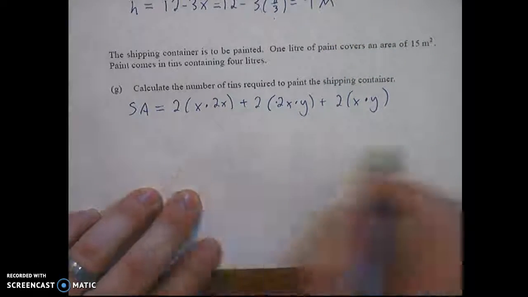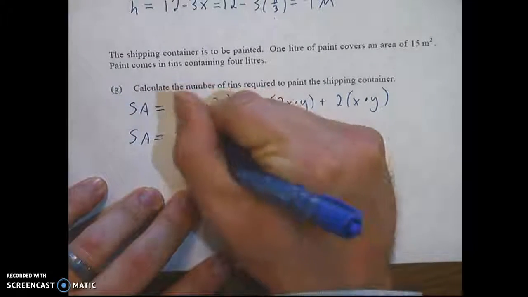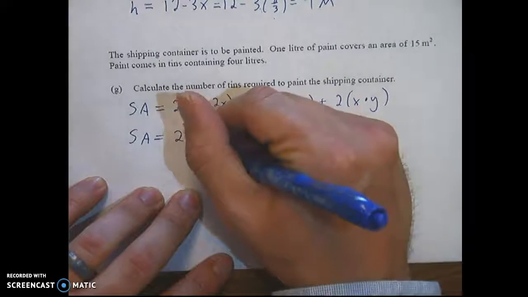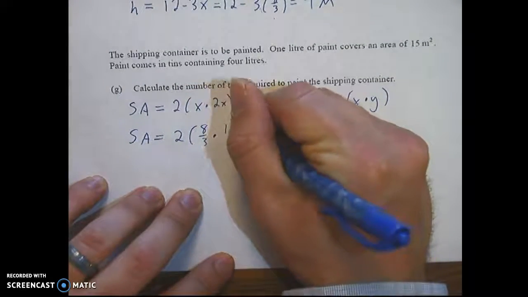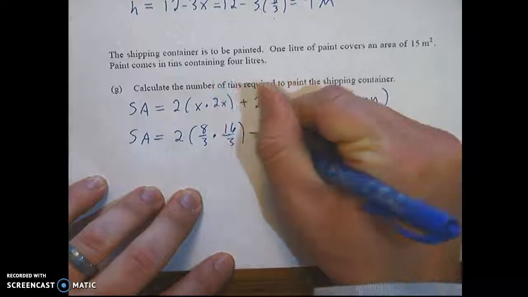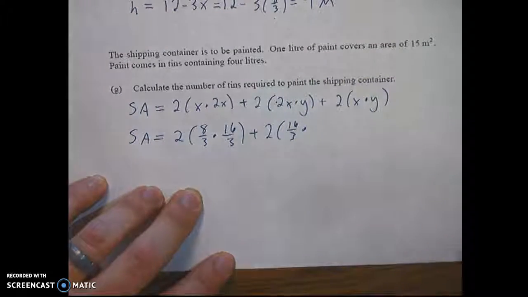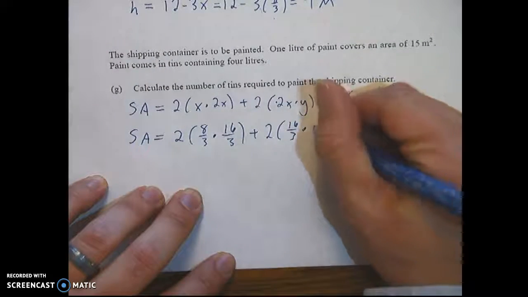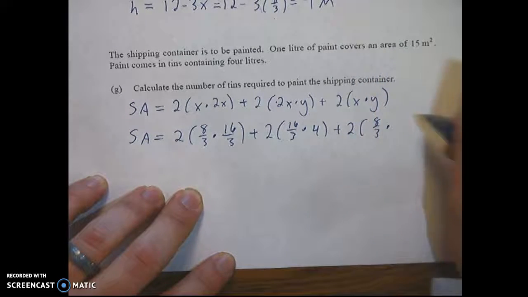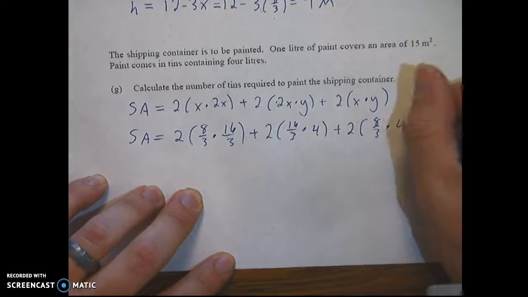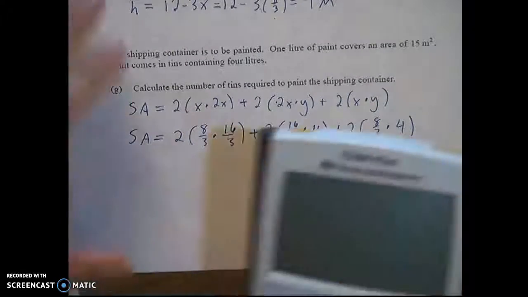I'm going to use this to find the total surface area now. So I know that the x was 8 over 3 times 16 over 3, plus 2 times 16 over 3 times my y, which is the height, which we showed as 4, plus 2 times 8 over 3 times the height, which is 4. And that's a bunch of calculator work, so let's do it.